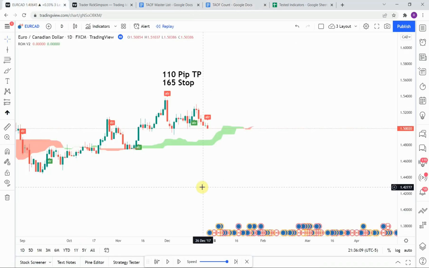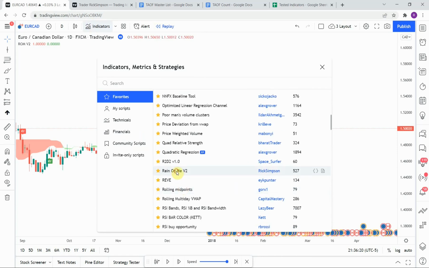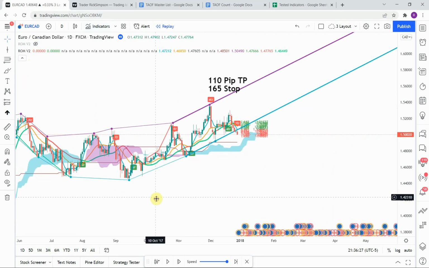Alright, so today's indicator is the Rain on Me V2 indicator. We also tested this one in the last video. If you didn't see that video, then the Rain on Me V2 looks something like this right here.